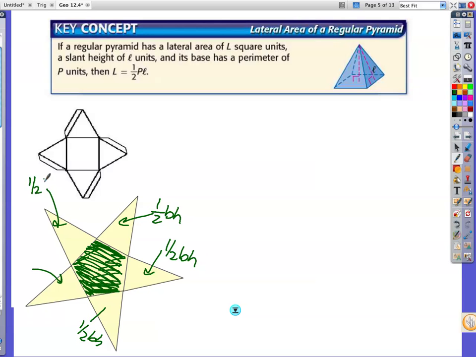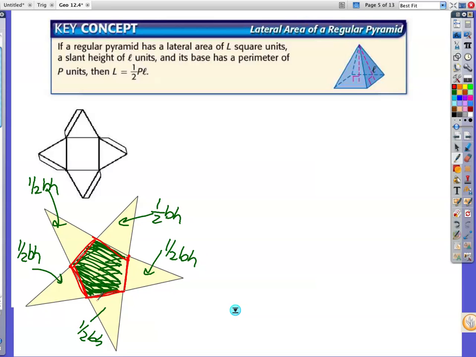However, if we look closely, the base would be this on this triangle, and the base would be this on this triangle. And the base is here, and here, and here. So all of those are your base total, which is also known as a perimeter.